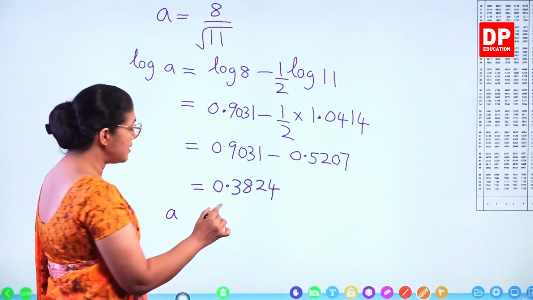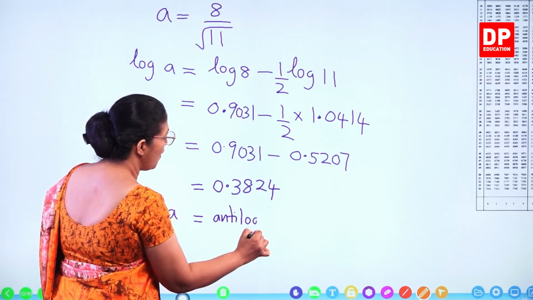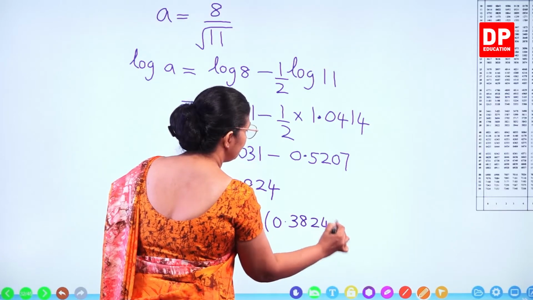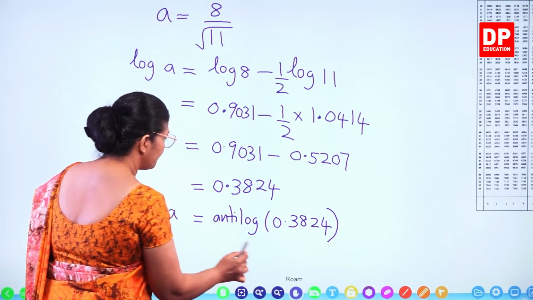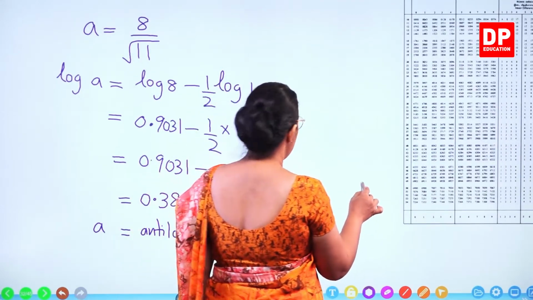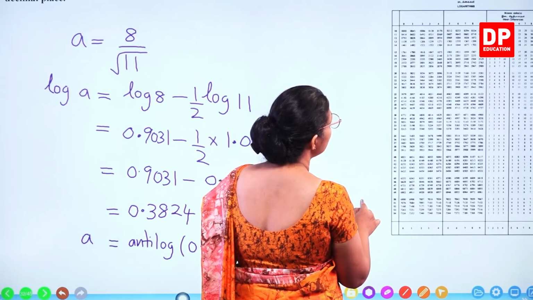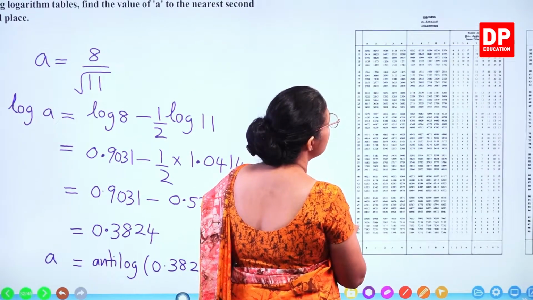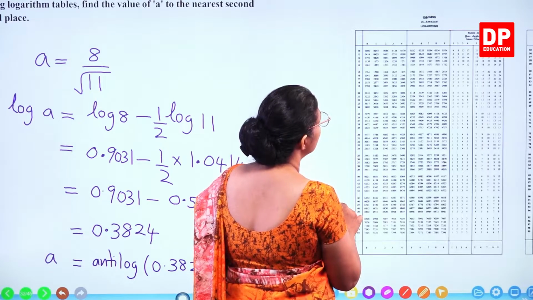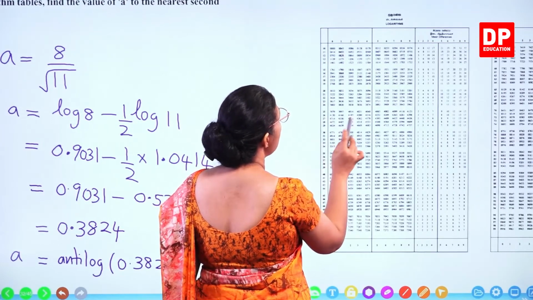You have to take antilog value. Antilog value of 0.3824. Refer the table and see where you can find 3824. 38, 20 is there. 3, 8, 20.